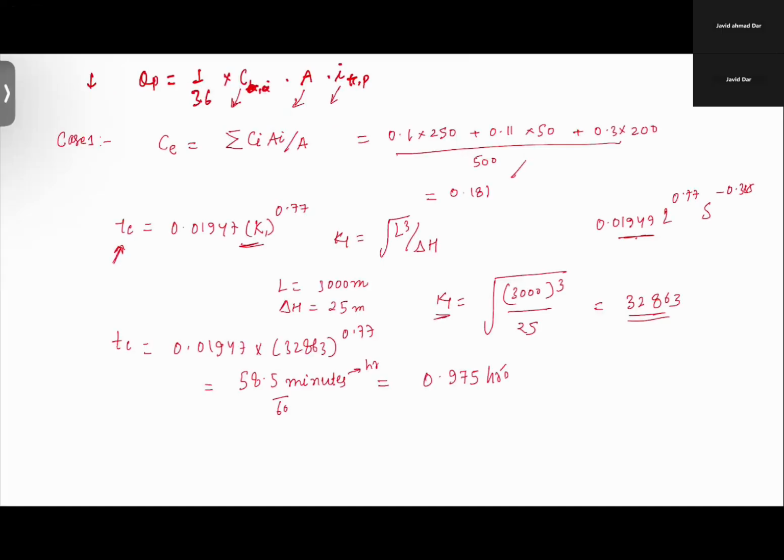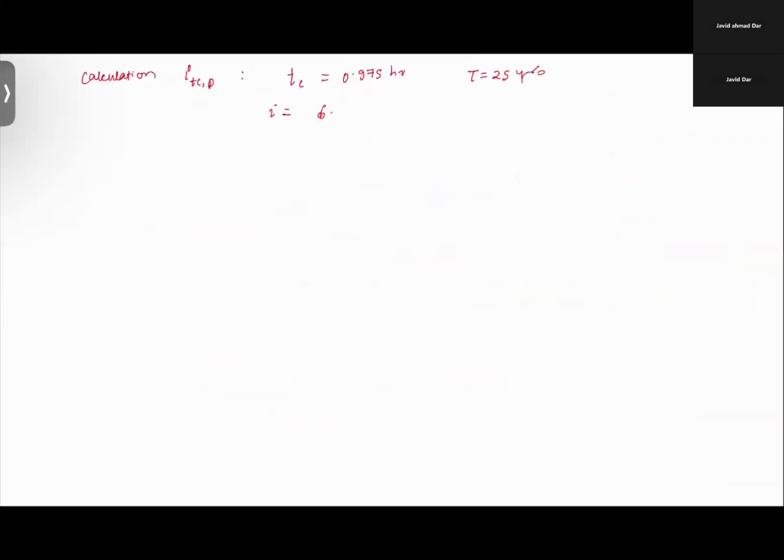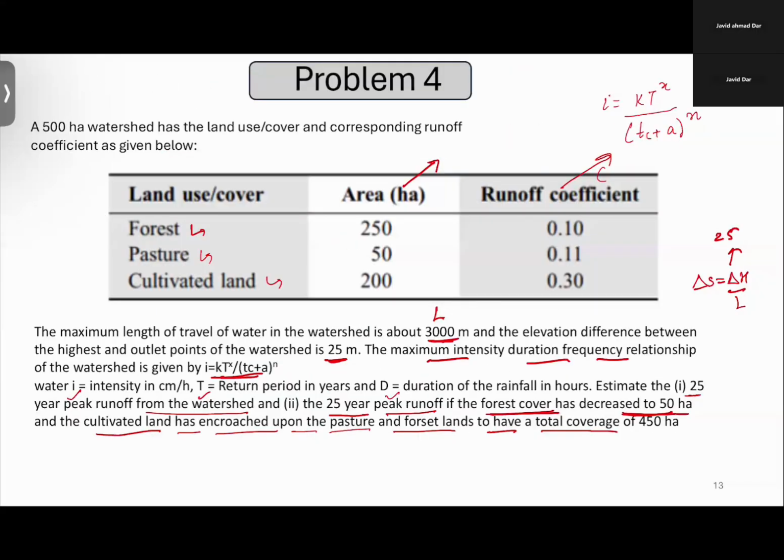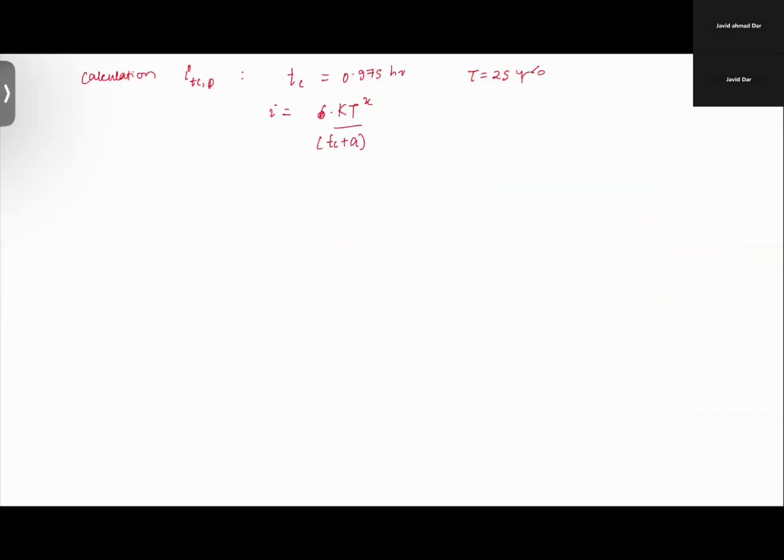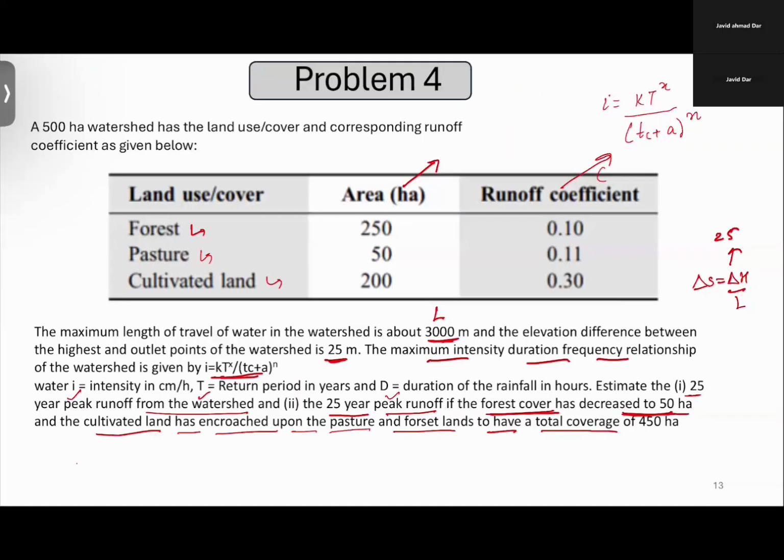Now the second important thing is the calculation of the intensity of rainfall, which is I at TC and return period P. We know that TC is 0.975 hours and the return period is 25 years. We have to use the equation, if we recall it, I equals K T raised power X divided by TC plus A whole raised power N. The coefficients are given in the question.